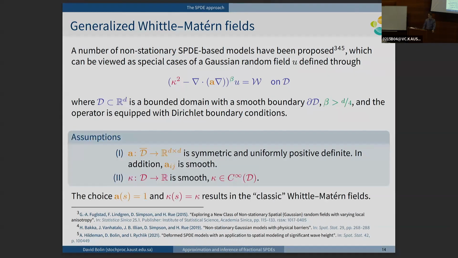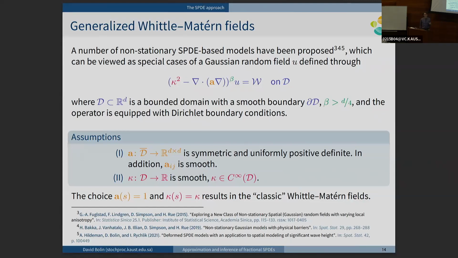For the purpose of this talk, we made the following assumptions on the parameters of this model. We assume that kappa is a smooth function, and A is a matrix valued function that is symmetric, uniformly positive definite over the domain, and in addition, the entries in this matrix valued function are assumed to be smooth functions.